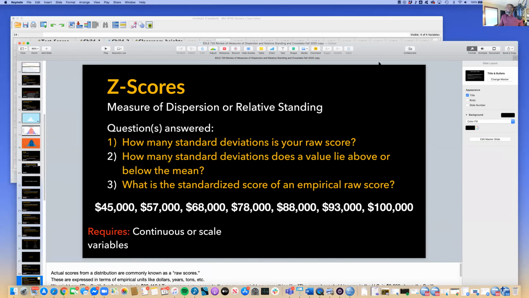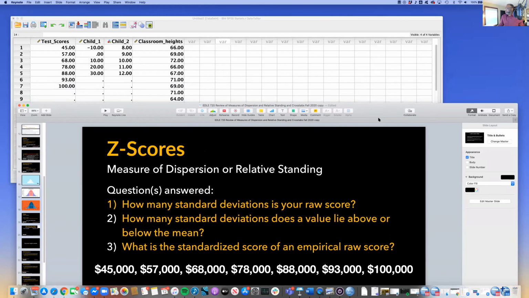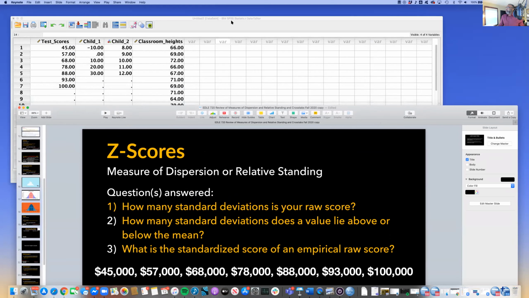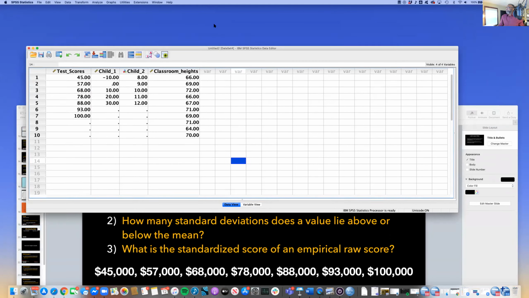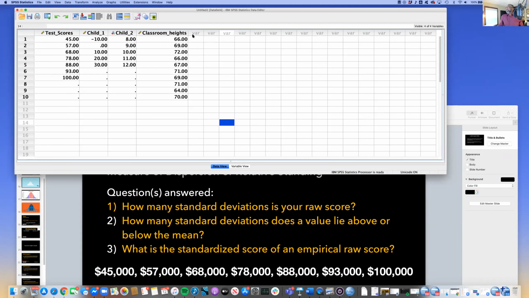Okay, so I'm going to minimize this here. We're going to keep these values in view here. And so what we're going to do is go to variable view.